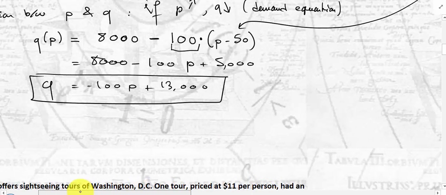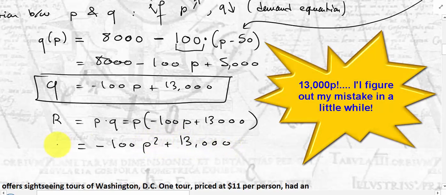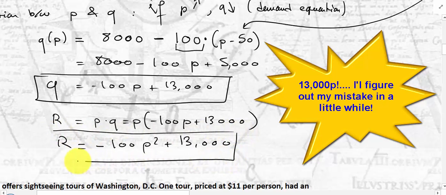The revenue is P times Q, right? I need to multiply P by this expression, negative 100P plus 13,000. So what do we have here? We have negative 100P squared plus 13,000P. And this is our revenue, and this is the model of the problem.